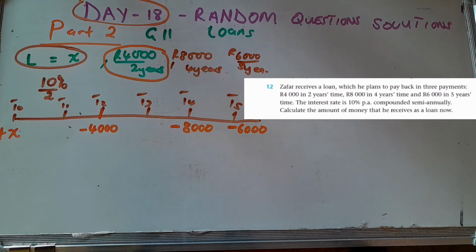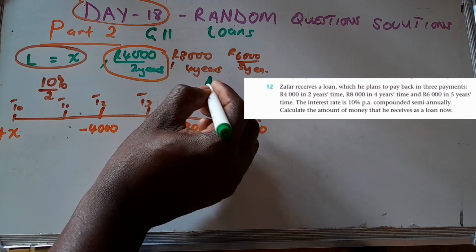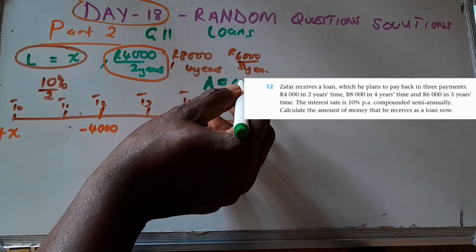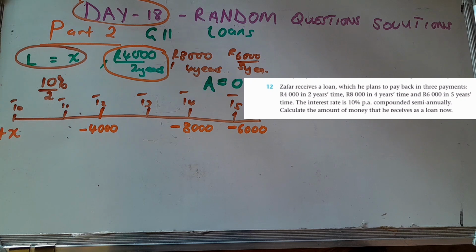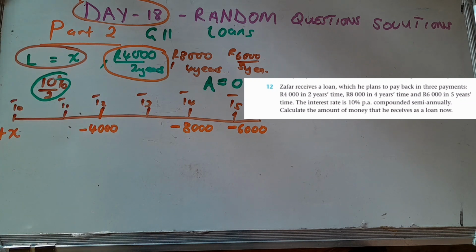And I also say that if a person is paying back the loan, it means that the accumulated amount after the whole period will be 0. Since he is paying back the money, the balance remains 0 after paying all the money in full, right? And our interest was not changing. It was the same throughout, right?